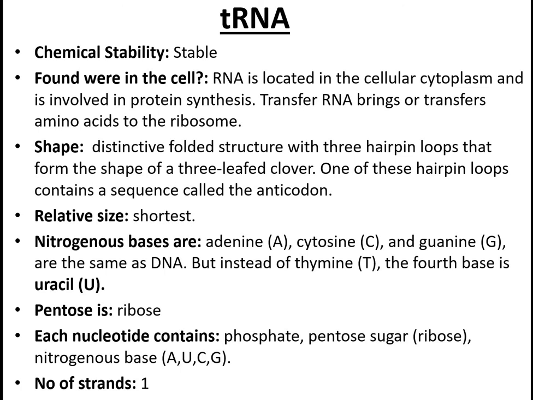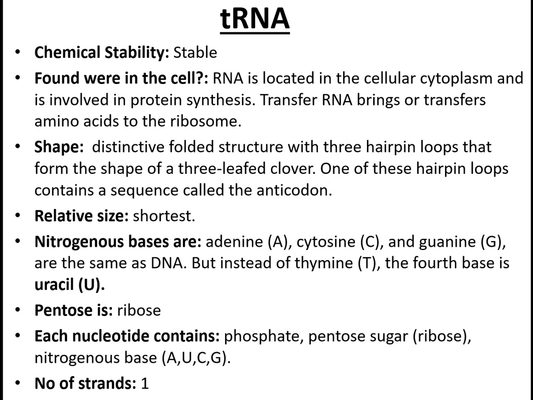It's relatively stable, and that's because of its folded structure into the clover-like structure, or 3 hairpin loops. tRNA is found in the cytoplasm, and it's involved in protein synthesis, because transfer RNA transfers amino acids to the ribosome.